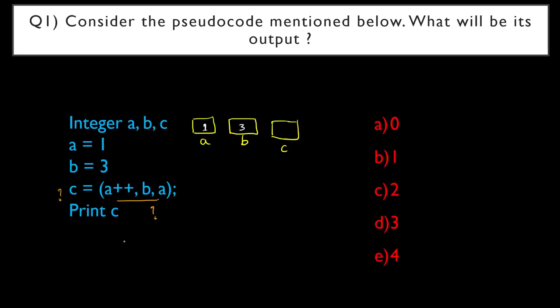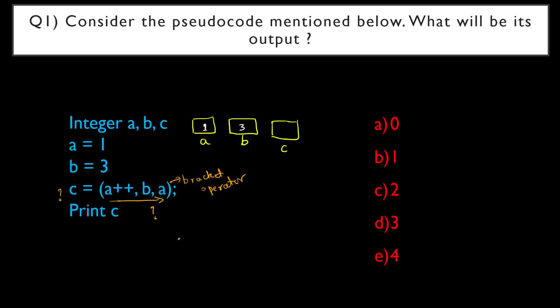Now how will this be evaluated, and what value is stored in C, is our main question of interest. Here we have three operations being performed: A plus plus, comma, B, comma, A. Since these are separated by commas, they are treated as separate operations. Since these are in brackets, this is also called the bracket operator in this scenario. All these will be performed in order from left to right.